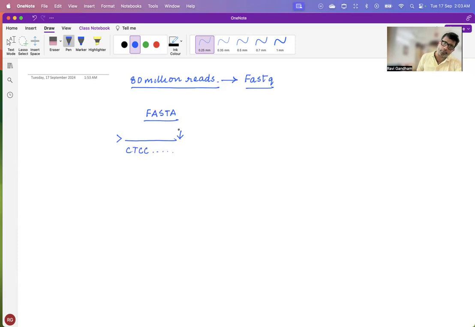This means that the sequence has to be entered in the next line. And this FASTA command line includes all the metadata of that particular sequence.